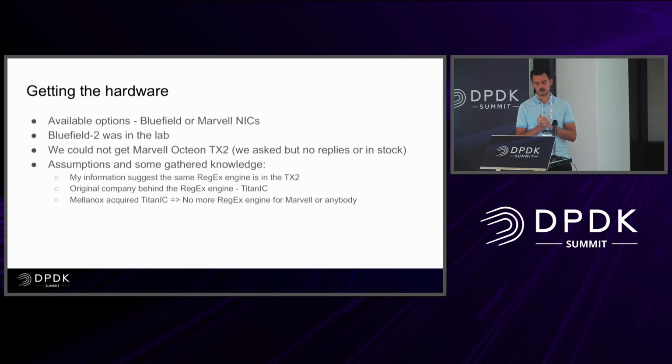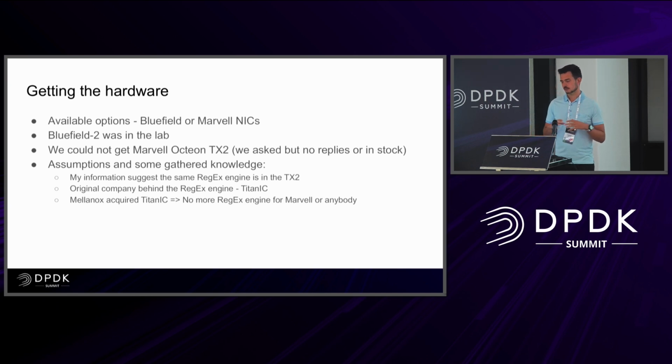Okay, so previously I mentioned that there are the BlueField-3 and the Marvell NICs. BlueField-2 is quite common, with BlueField-3 as well. We tried to also get the Marvell, but we couldn't get it. We either had no reply or it wasn't in stock. But I will present some performance testing that we did.